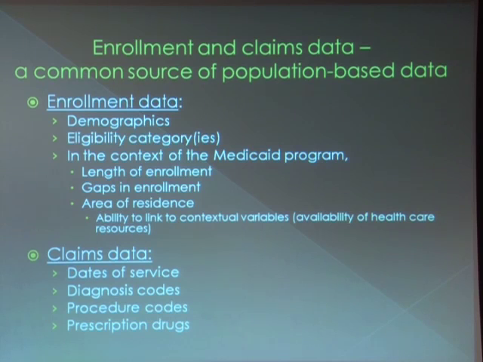And in the context of the Medicaid program in particular, these variables are very, very interesting, especially the length of enrollment in Medicaid, because in some of our studies, for example, we have shown that the longer people are enrolled in Medicaid, the more likely they are to access certain preventive services, and that affects outcomes as well.